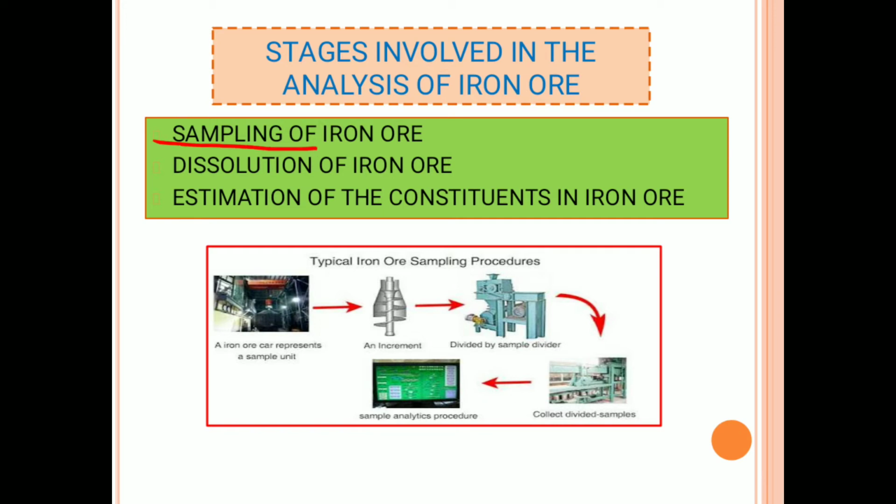The first stage is sampling of iron ore. As the iron ore is solid, if you want to analyze the constituents present in iron ore, first of all you need to dissolve the iron ore.